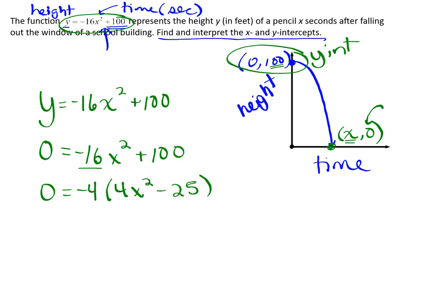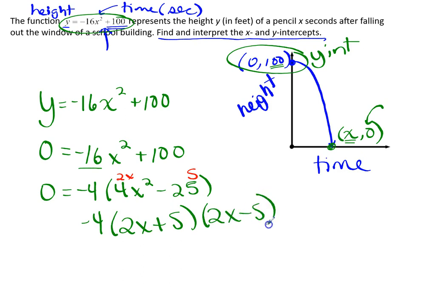Now when I look to factor this inside piece, I notice that I have a difference of perfect squares. 4x squared is a perfect square. Its square root is 2x. 25 is a perfect square. Its square root is 5. So this is going to factor into 2x plus 5 and 2x minus 5.